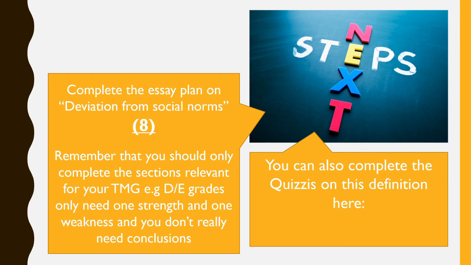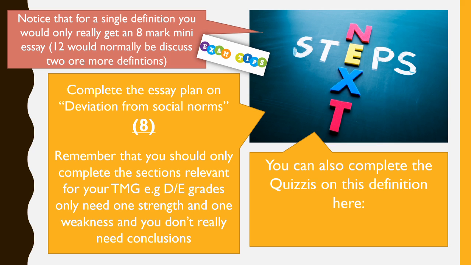So what do you need to do next? First things first, I would strongly recommend that you complete the essay plan on deviation from social norms. You have already been told by your subject teachers that your next assessment in psychology is going to be a 12-mark essay on one or more of the definitions of abnormality. Now, the essay plans that I've given you are only for 8 marks.